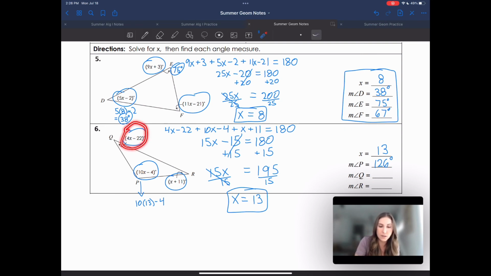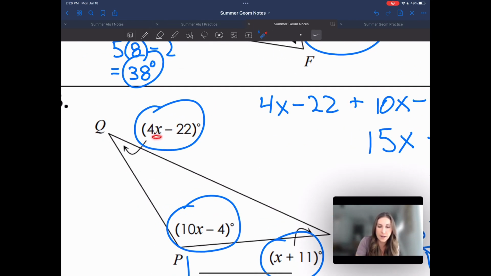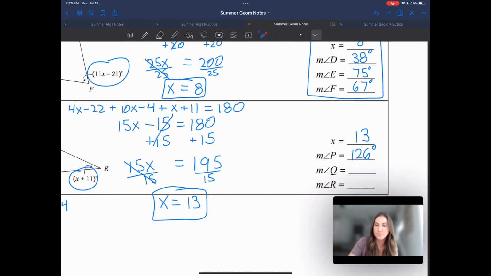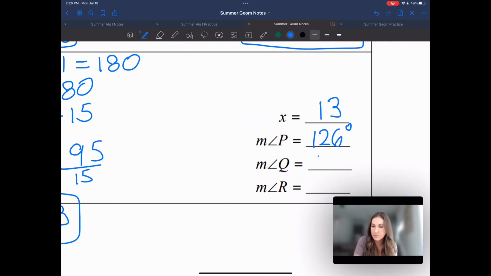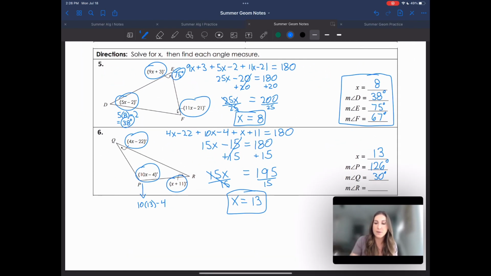Okay, let's try the measure of angle Q over here. So we're going to plug 13 in for x right here. Okay, so let's go 4 times 13. That gives us 52. Subtracting 22, we get 30 degrees for angle Q. Okay, and then we have one angle left.